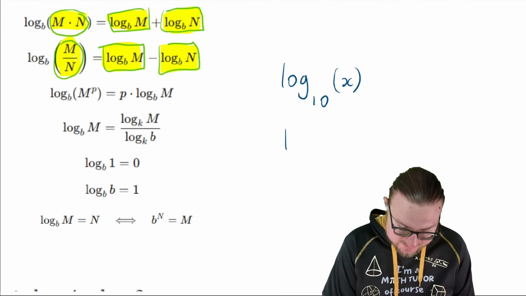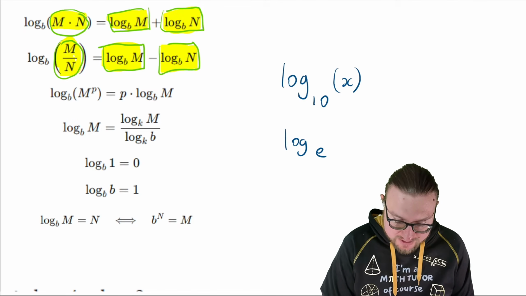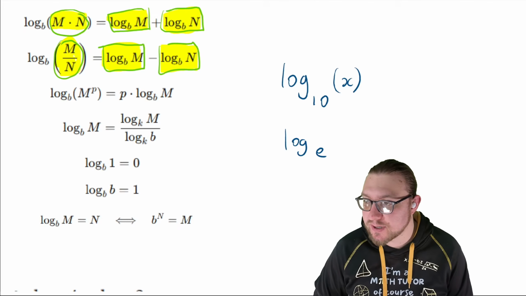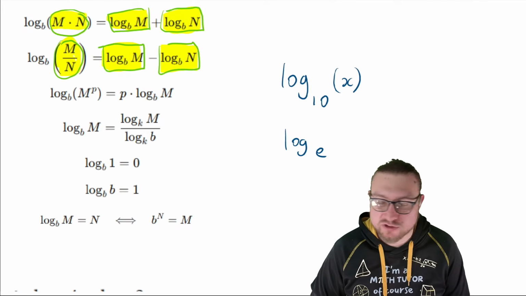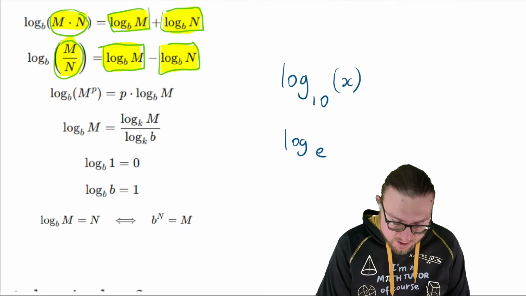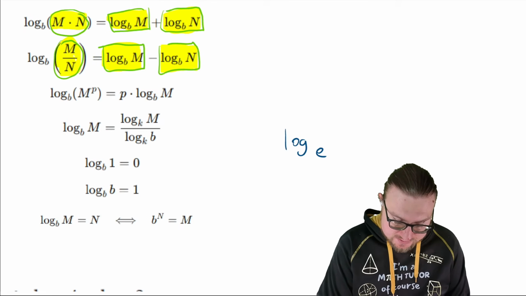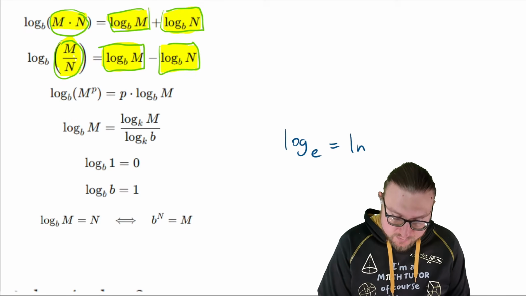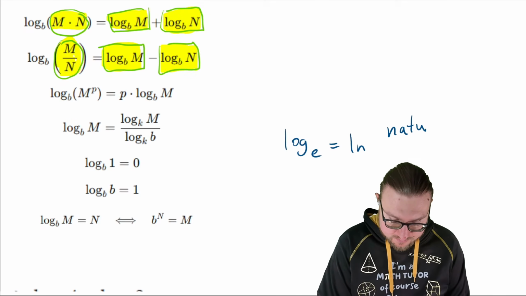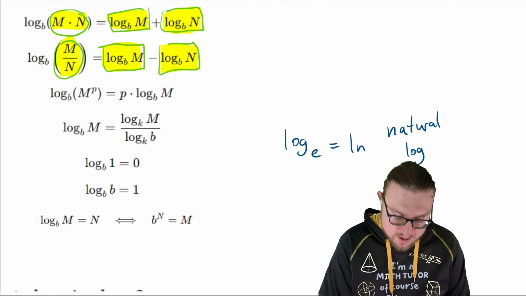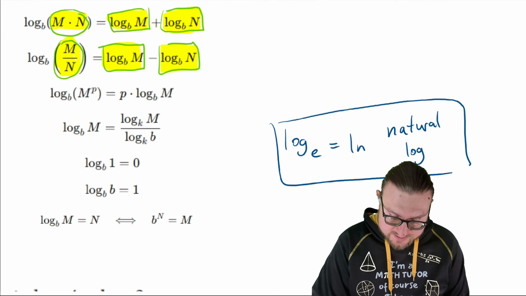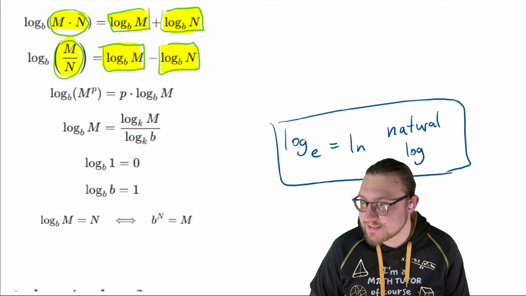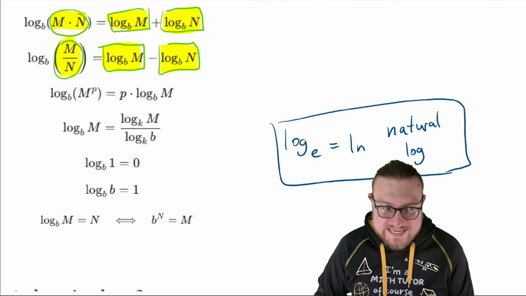While the physicists usually like log e. E is a special number that you guys have first been introduced to this year. So log e is actually ln, which is the natural log. So if you guys ever see ln, that's the same thing as log with a base e.